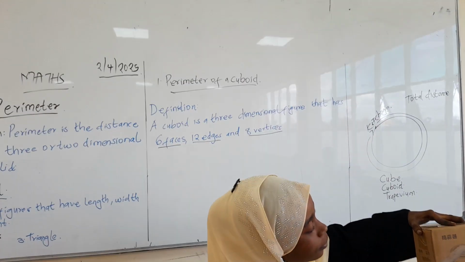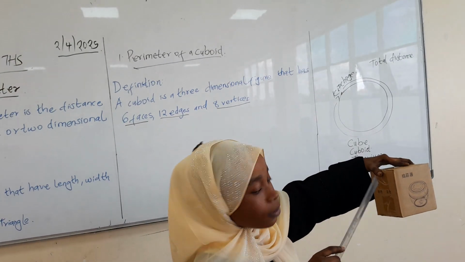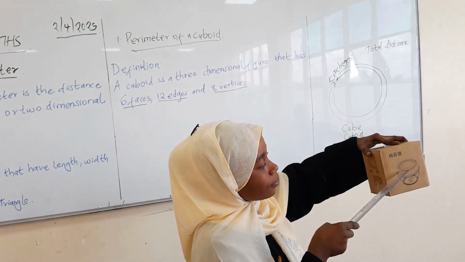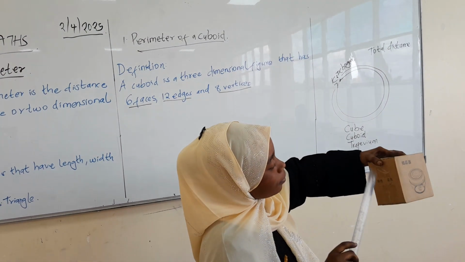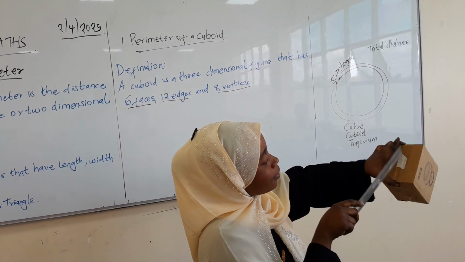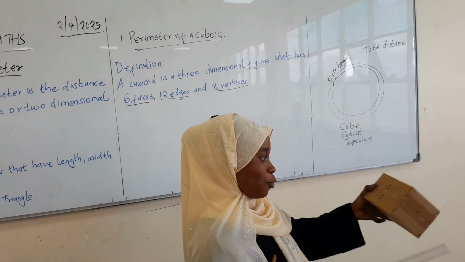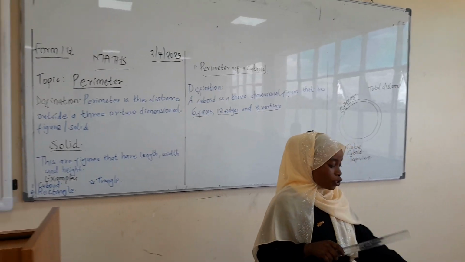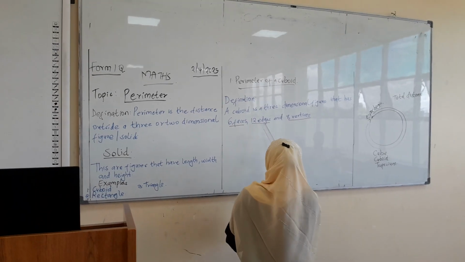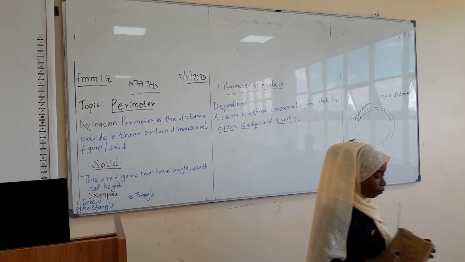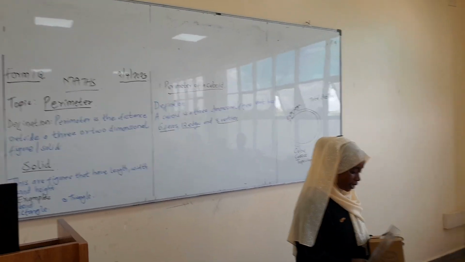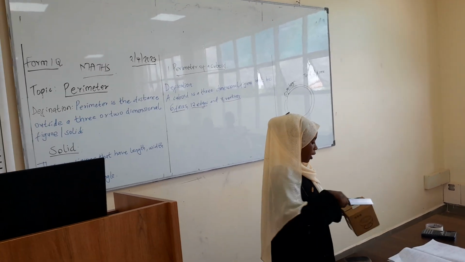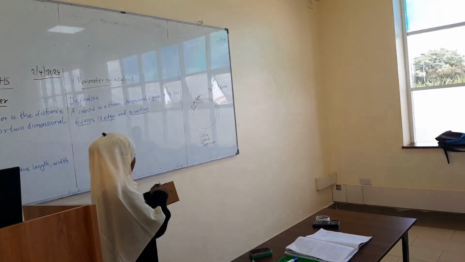Let's count. 1, Hilda, you're not attentive. 1, 2, 3, 4, 5, 6. Yes, we have proven that a cuboid has six faces. So edges, these are the intersections that hold the faces together.